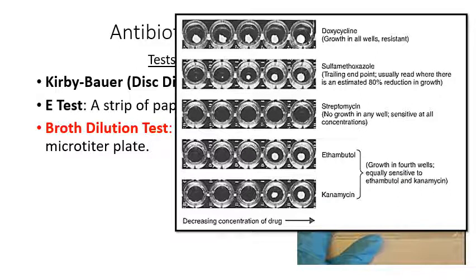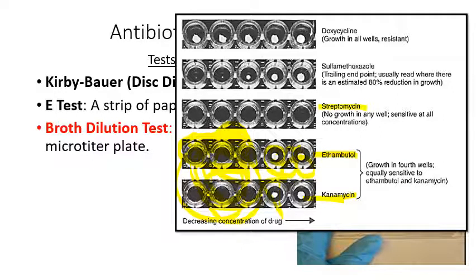Right, so you can see here on the bottom, these are two different antibiotics, ethambutol and kanamycin, right? So you dilute. At these concentrations, the ethambutol and the kanamycin can kill the bacteria, but once you get to this dilution, it no longer does, right?